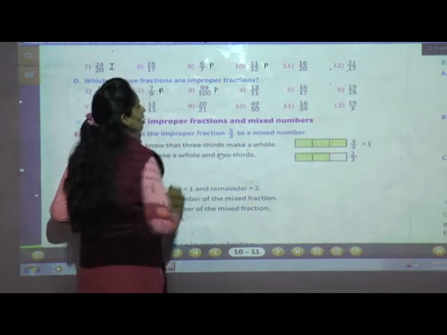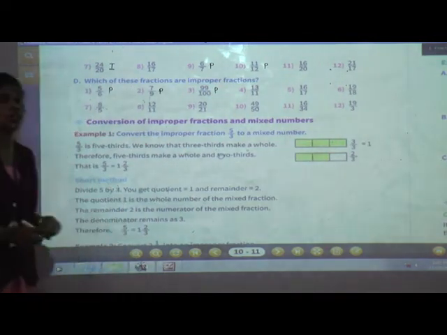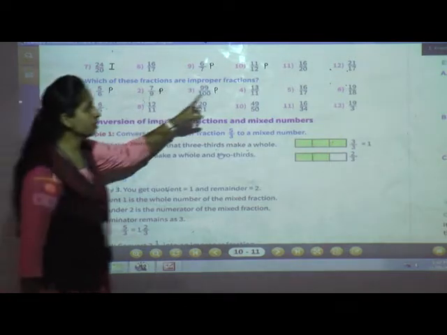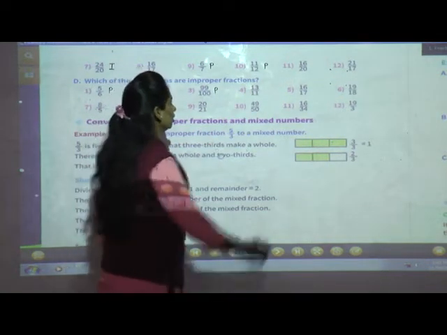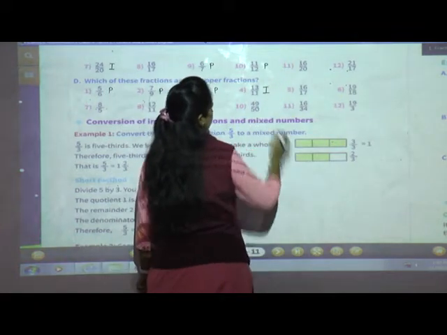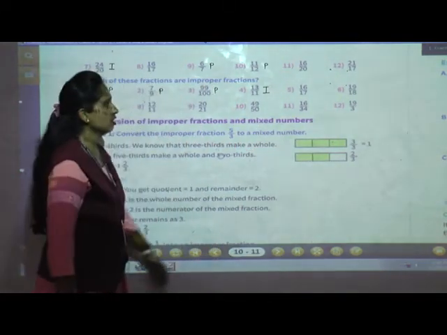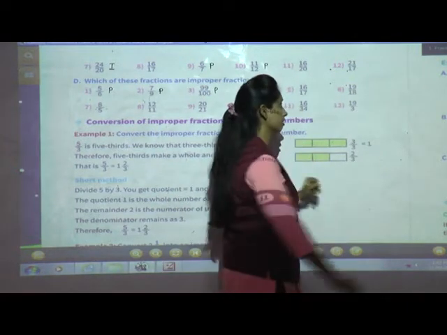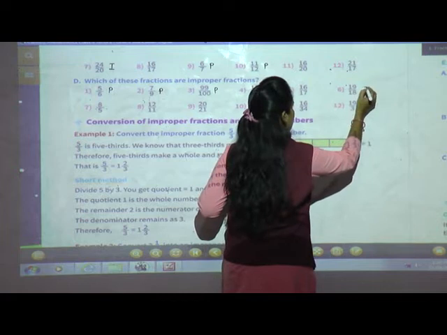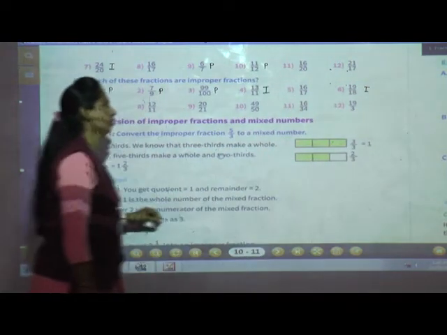Now see the next one, 13/11. Here the numerator is greater than the denominator, so it is an improper fraction, isn't it? Now see the sixth one, 19/18. Yes, the numerator is greater than the denominator, so this is also an improper fraction.